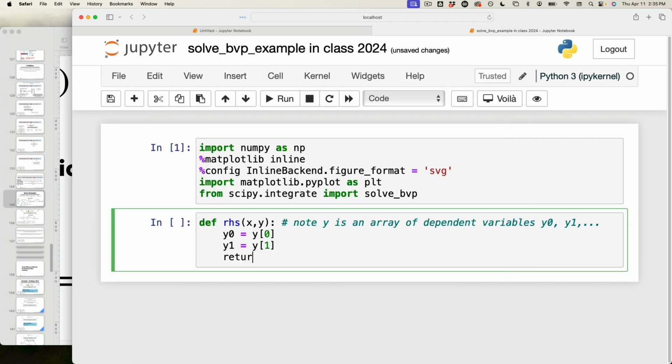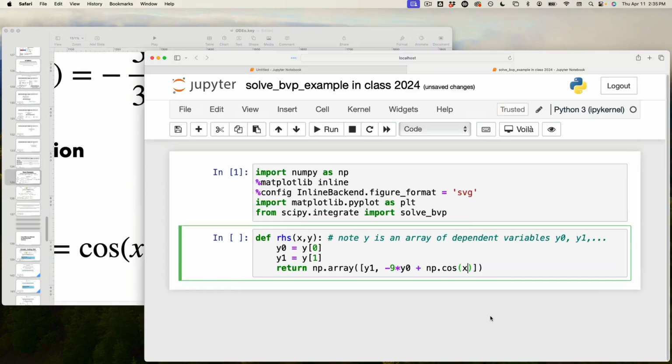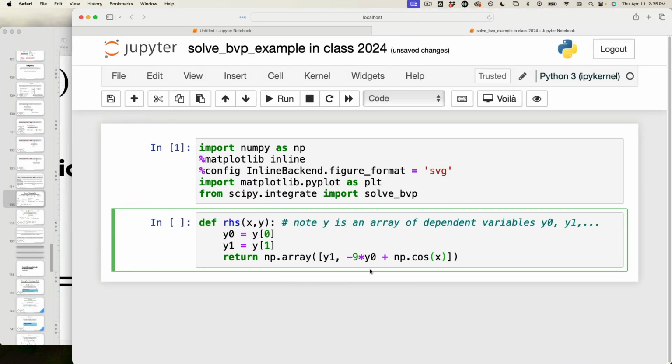So return np.array, just like we did with odeint. I return y1 as the first right-hand side. So now Python knows the user is solving y0 prime equals y1, and y1 prime equals minus 9 times y0 plus np.cos x. That's it for the right-hand side.